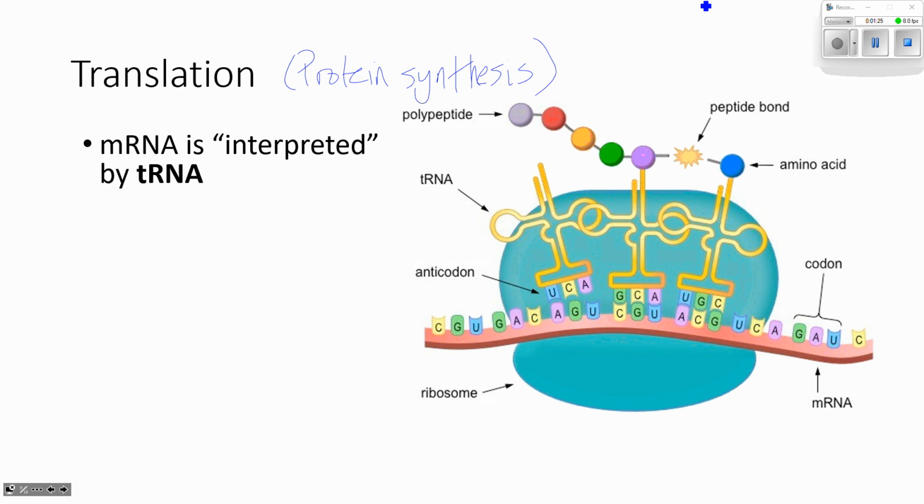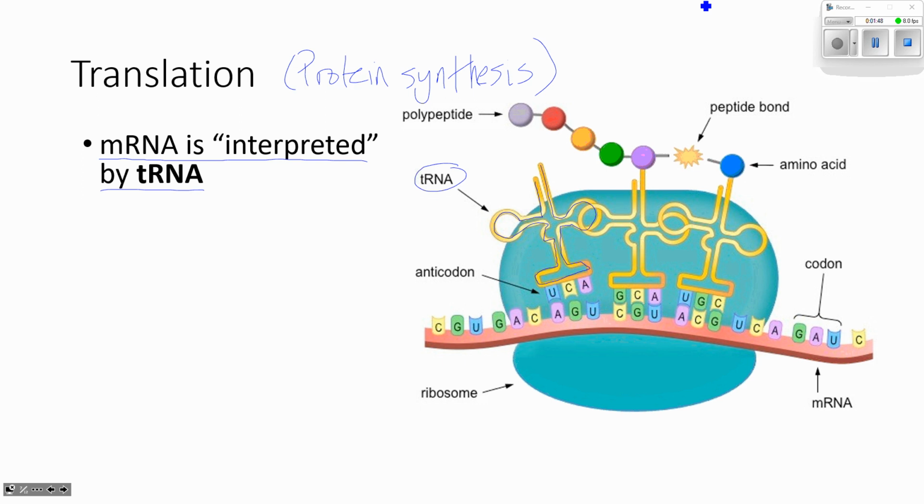The first is that the messenger RNA gets interpreted by a different kind of RNA called transfer RNA. This is transfer RNA right here. This weird loopy molecule is transfer RNA, and this is actually pretty close to what it looks like. This is sort of stylized, but it's pretty close.